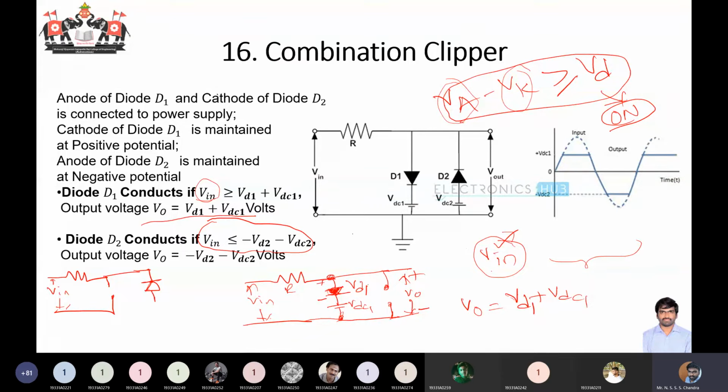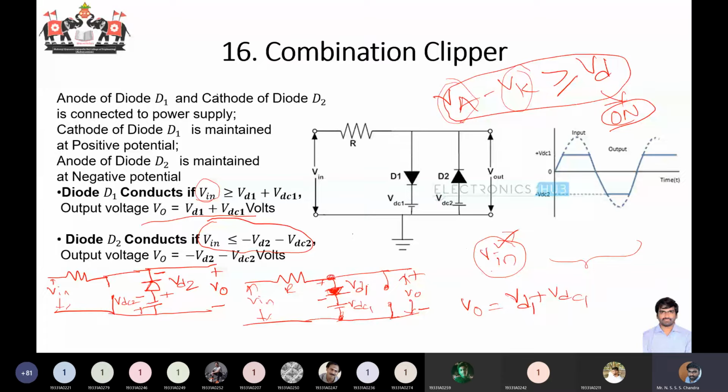On the anode side I will write plus, on the cathode side I will write minus. This is VD2, and then I have VDC2 with minus and plus, and then you have plus minus V0.